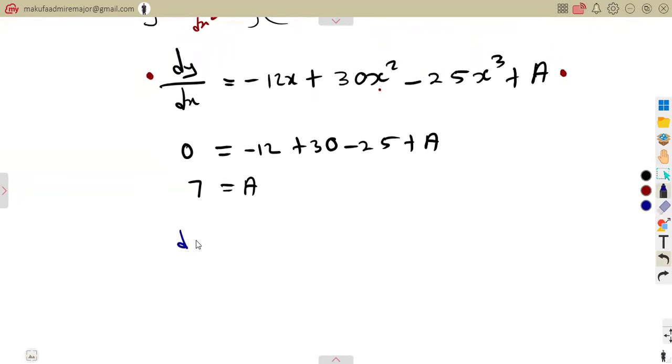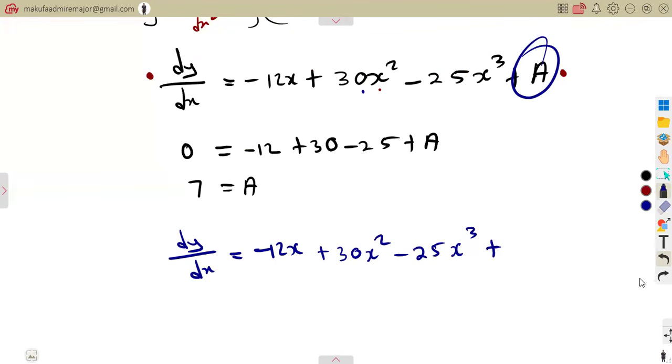From this, we are saying dy/dx is equal to minus 12x plus 30x squared minus 25x to the exponent of 3 plus our a, which we calculated, we got a 7. We have to solve until y is equal to. So we have to integrate again, just like the previous case.